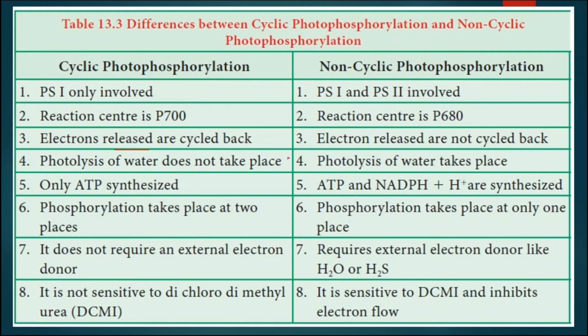But in non-cyclic, the electron does not come back to the reaction center. In cyclic photophosphorylation, the process of photolysis does not occur, whereas in non-cyclic the photolysis of water takes place. In cyclic photophosphorylation only ATP is synthesized, but in non-cyclic ATP as well as NADPH is synthesized.